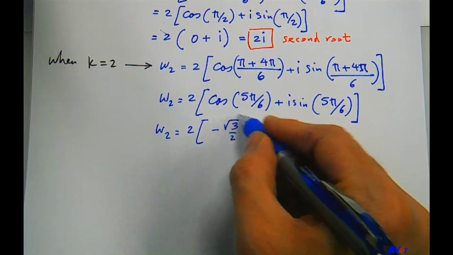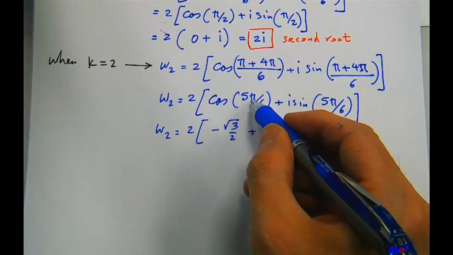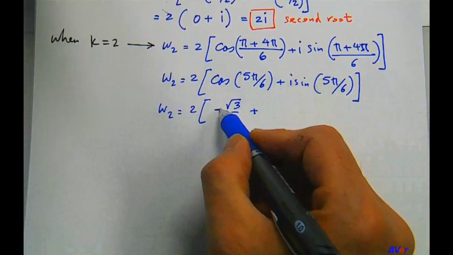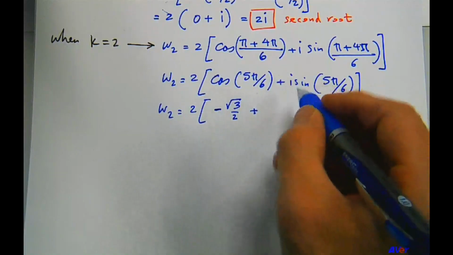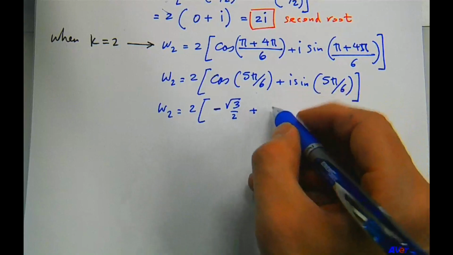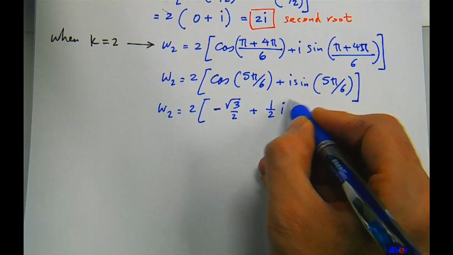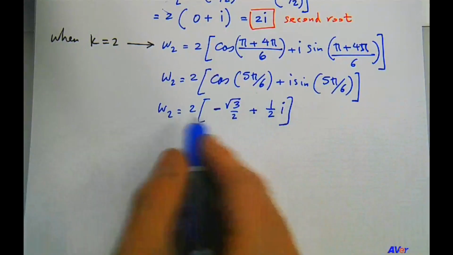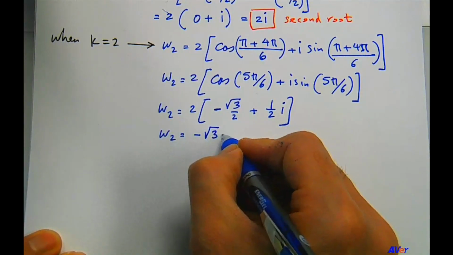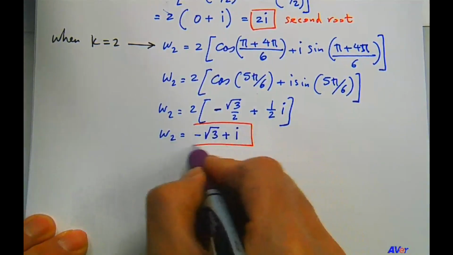Square root of 3 over 2 you can get from the table, but the angle 5 pi over 6 tells you you're in the second quadrant, therefore you have to make this minus square root of 3 over 2. For sine, it's going to be positive, and sine of pi over 6 is 1/2, so we have plus 1/2 I. Okay, so if you distribute the 2, we get W2 equals minus square root of 3 plus I. And that is the third root.